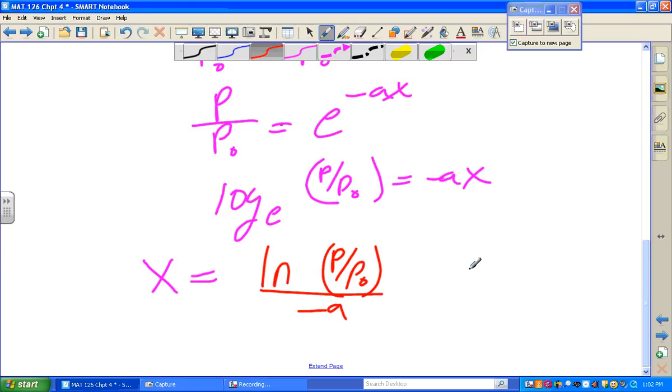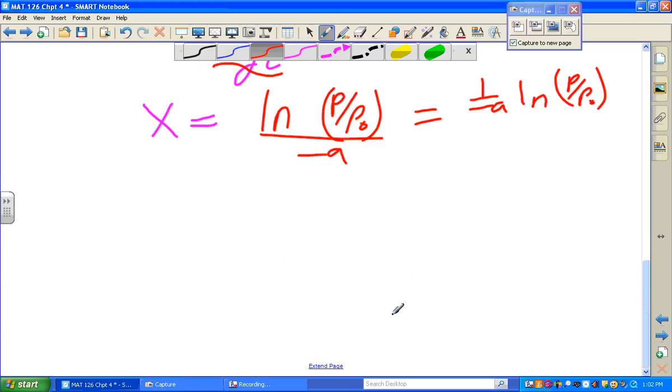You could write your answer a lot of different ways. It's ln because you have log base E. And also this 1 over negative A. Remember, based on our log laws, you can write that as an exponent.